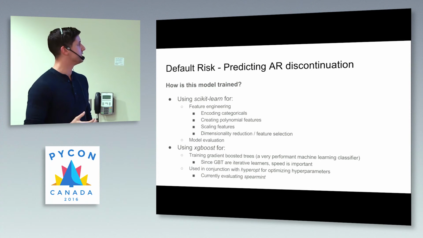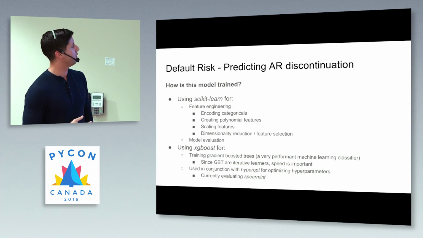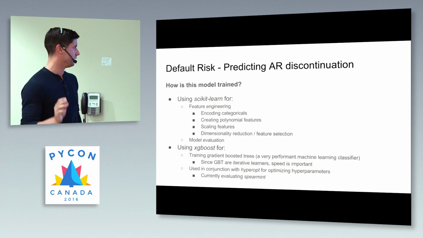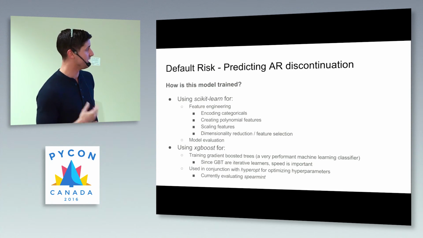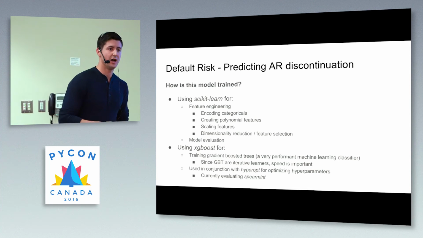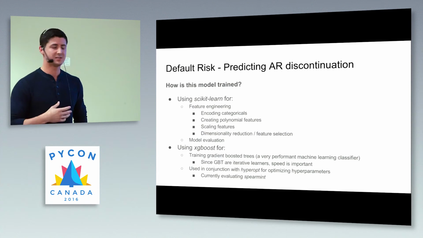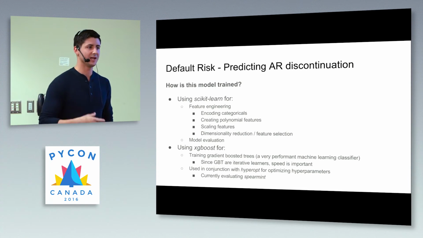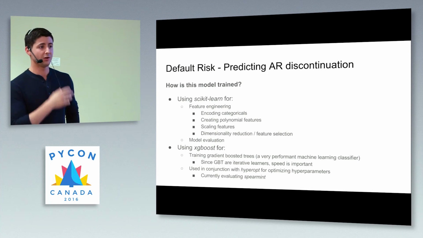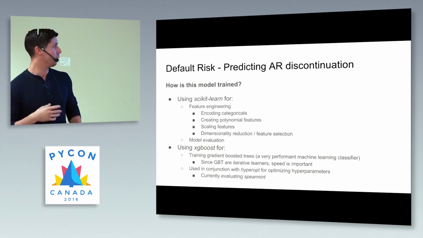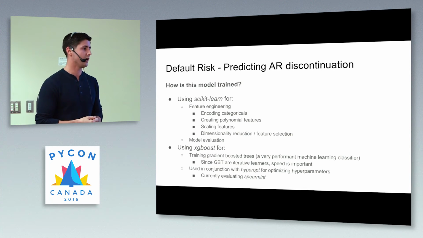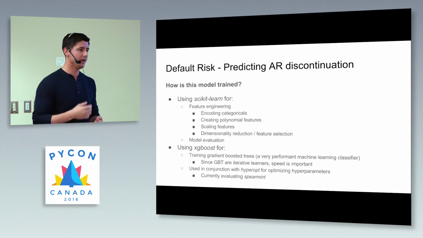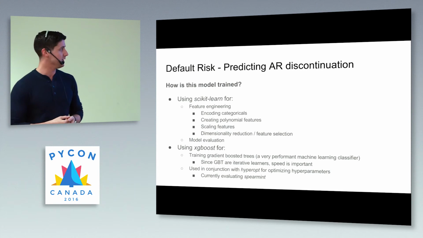So what are we using to do this stuff? As far as feature engineering is concerned, scikit-learn makes things like encoding categoricals or making dummy variables a breeze. If there are any physicists in the room, when I say a polynomial feature, I really just mean an interaction variable where you're multiplying one thing by another thing. We also need to scale some features depending on the type of classifier that we're training, or maybe we need to achieve some type of unit variance.